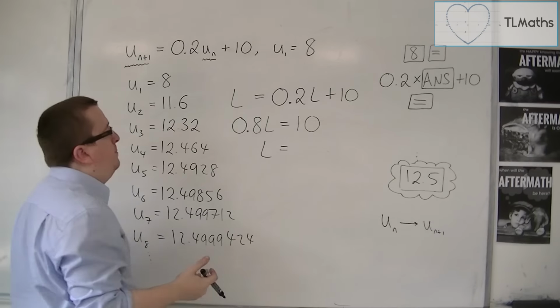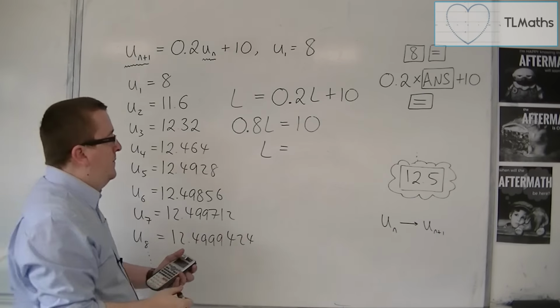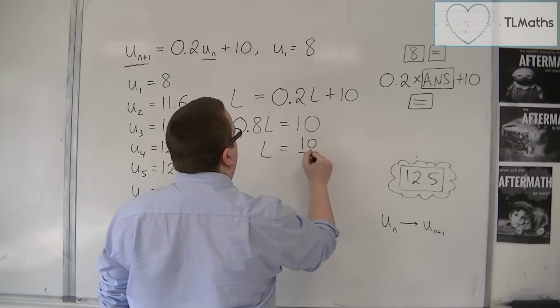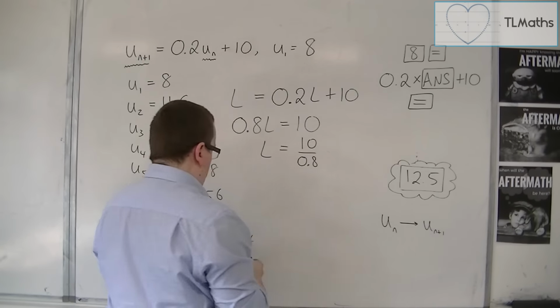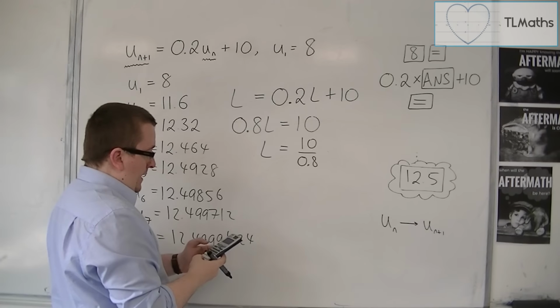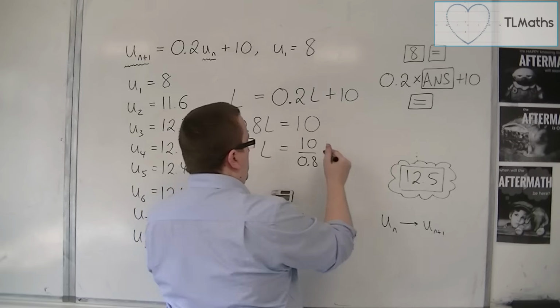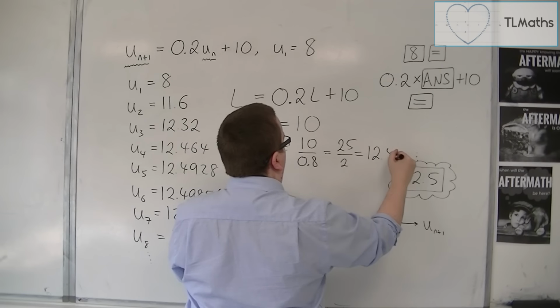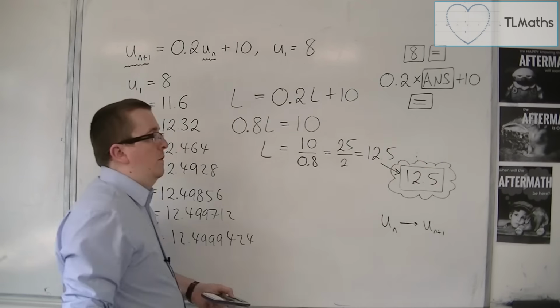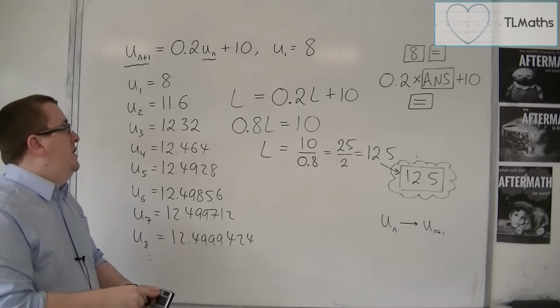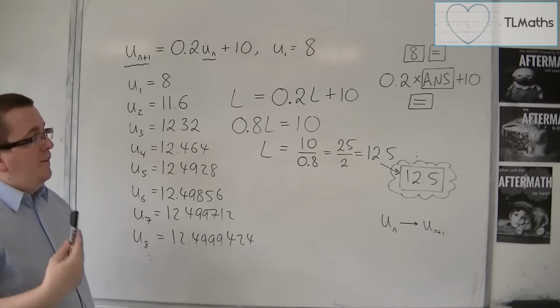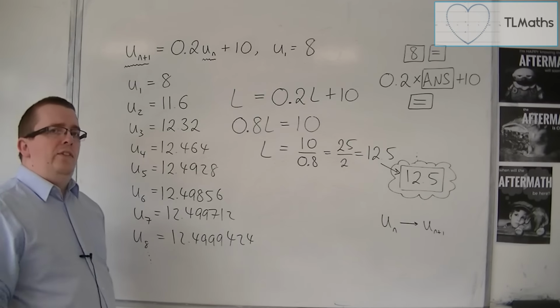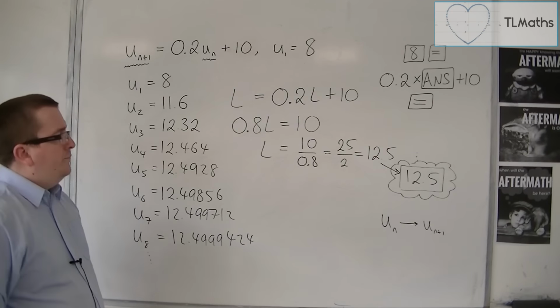Then if I divide both sides by 0.8, 10 divided by 0.8 is 25 over 2, which is 12.5. So we could use this technique to find the limit of this inductive definition.